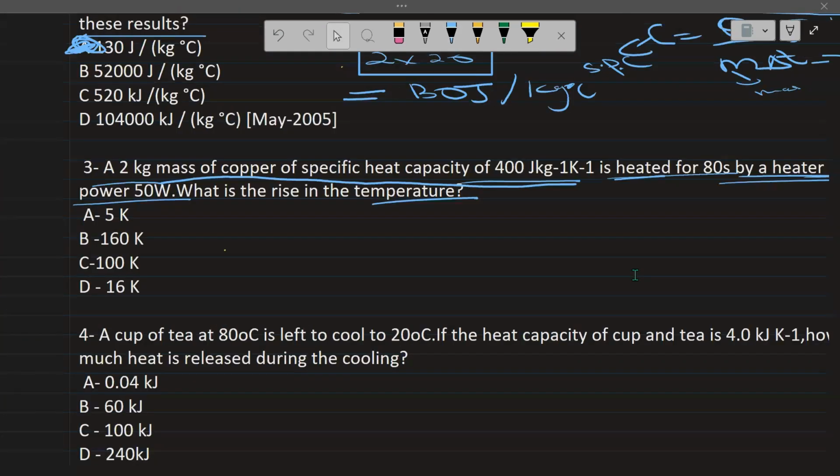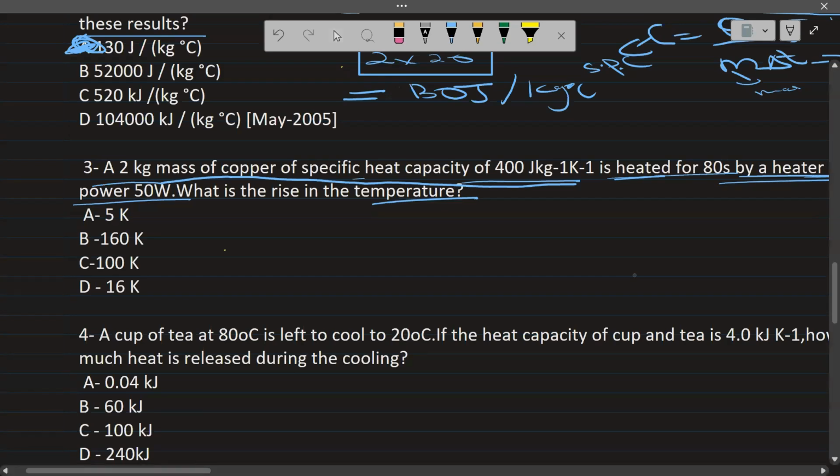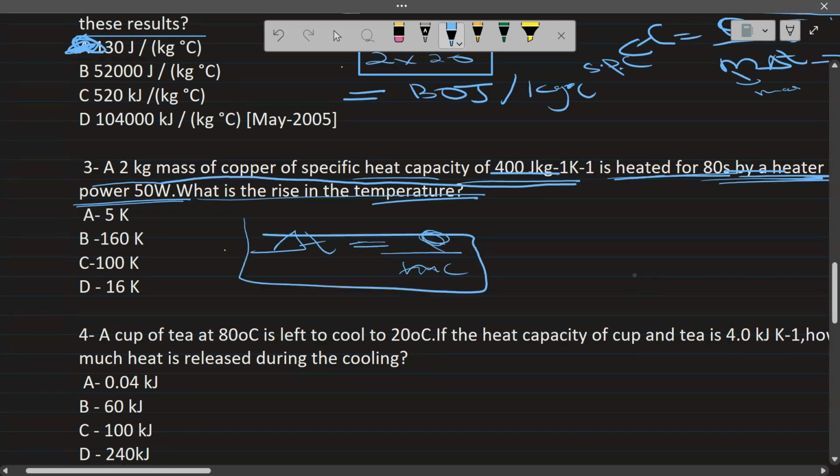Now if you look at question 3, a 2 kg mass of copper of specific heat capacity of 400 is heated for 80 seconds by a heater of 50 watts. What is the rise in temperature? Rise in temperature means change in temperature, right? So for change in temperature, if we rearrange, the derived formula becomes Q upon MC.